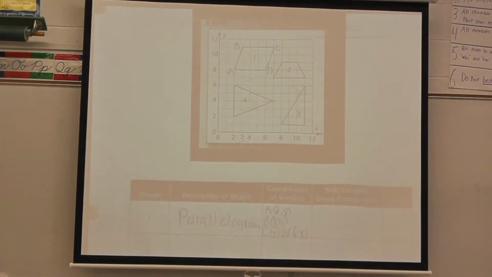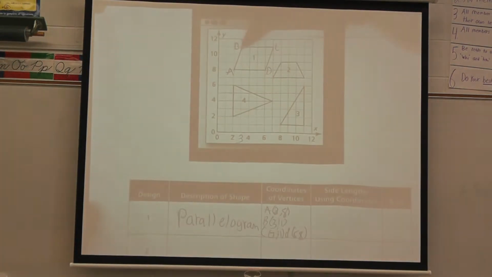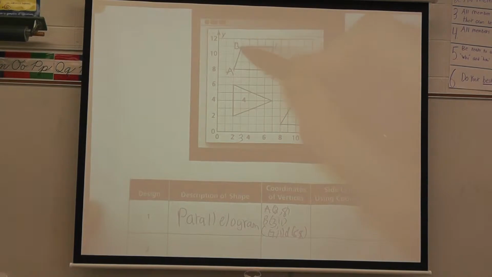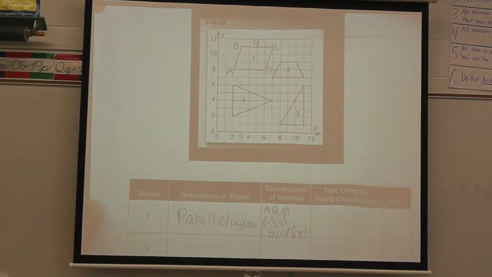So let's look. When I look at the top of this parallelogram, this is side BC. I know that B started at 3 and it ended at 7. So the difference between these is 4. So I know that the side length of this top one, side BC, is going to equal 4.